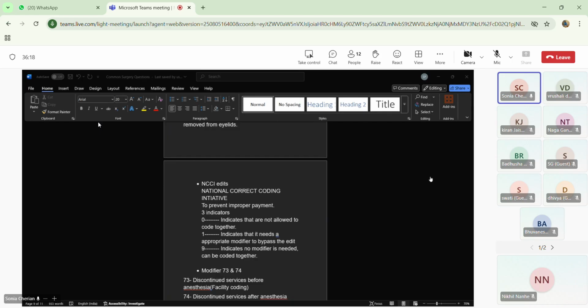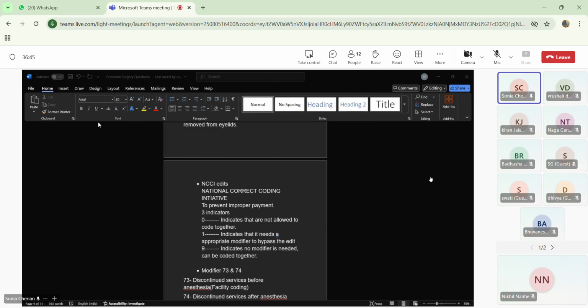If a chart has 2 to 3 procedures and you have found all the CPTs, before further processing the chart you need to put those 3 CPTs into the encoder, or you have Encoder Pro, or Codify, and check for the edit.